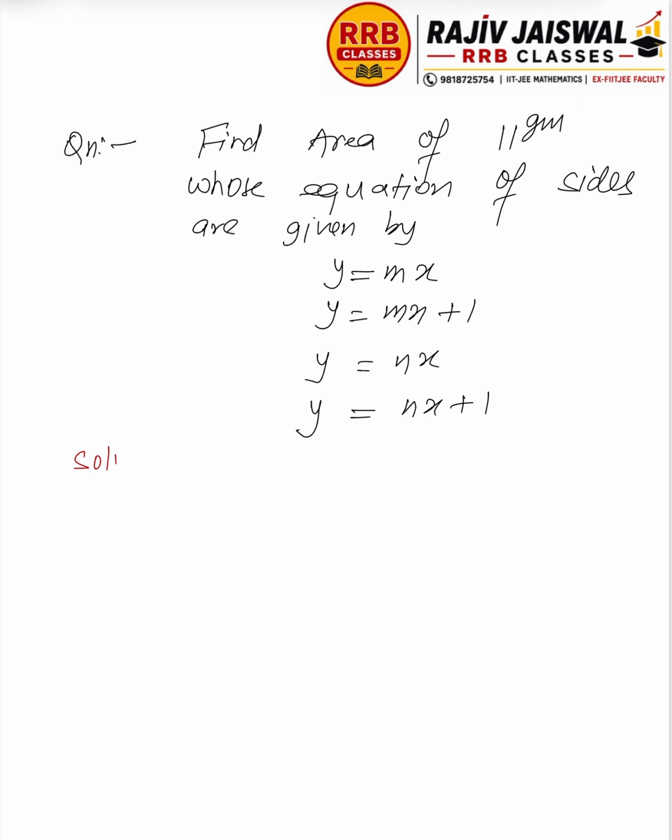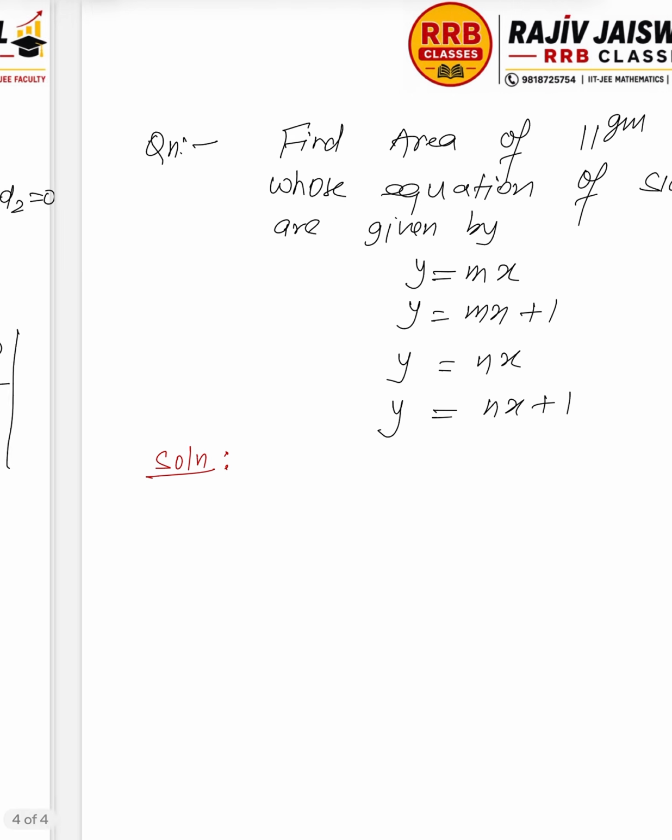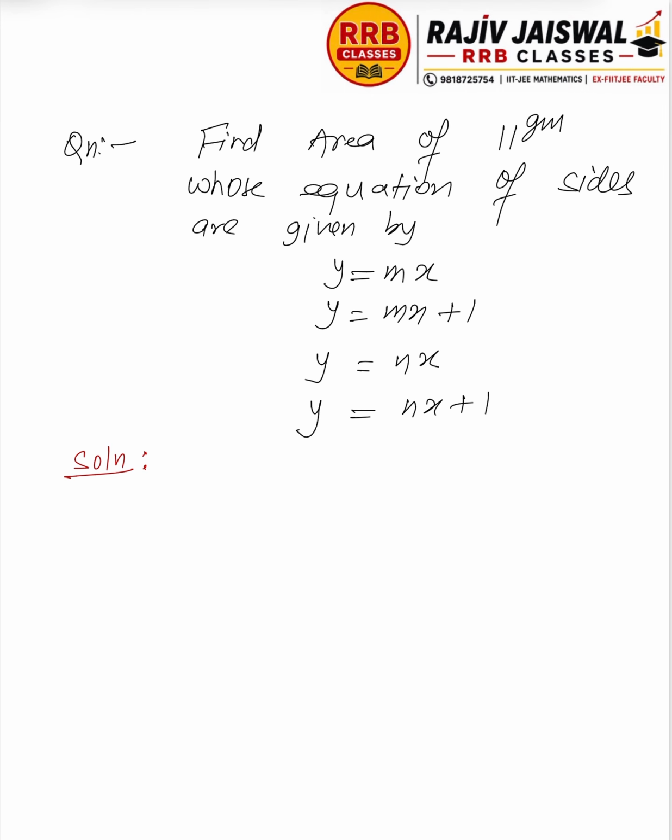So to find the area of the parallelogram, we can use this formula. The area is equal to, take a determinant, and the difference of the constant terms, which is 1 minus 0, and again 1 minus 0, and this is the 2 by 2 order determinant, which is m comma 1, n comma 1.